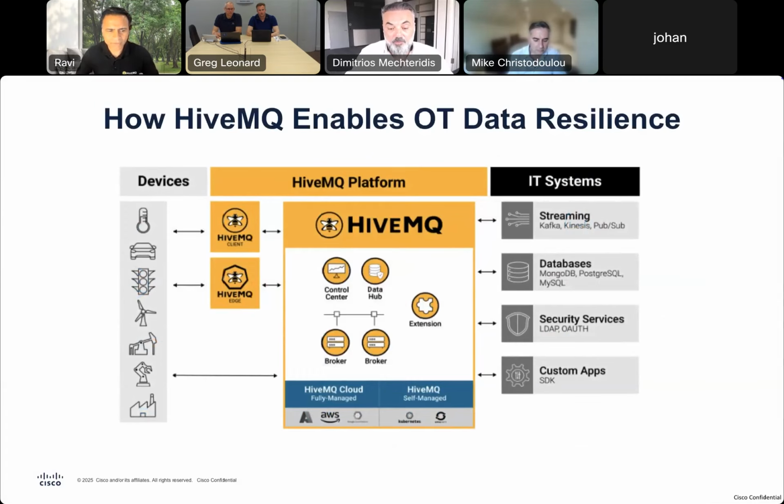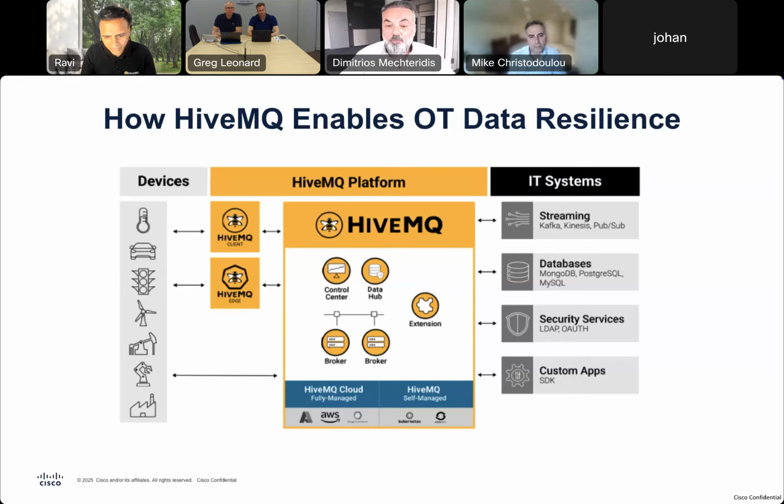This is our core platform. On the left, you have the devices. Cisco provides the connectivity, the cyber resilience, and the hardware, for example, to house the edge environment. We are a pure software play on top of that. We ensure that devices that talk different protocols can be converted into MQTT and brought into our centralized broker.